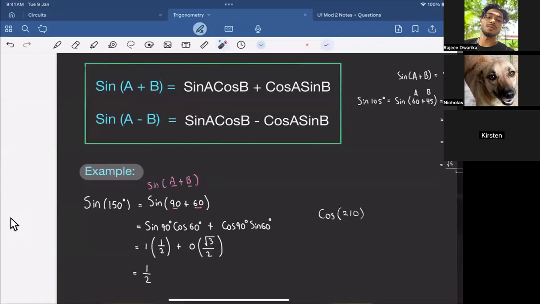Kirsten, if you put sine 60 in a calculator, are you getting root 3 over 2? Okay, I see it. Send me a picture. Put cos 60 or sine 60. If you put cos 60, you're supposed to get a half. If you put sine 60, you're supposed to get root 3 over 2.